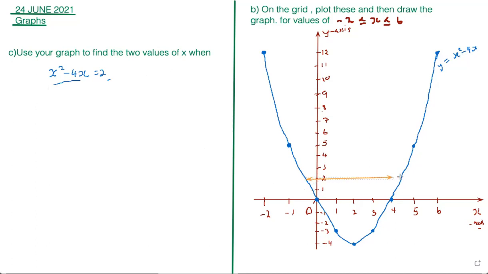They're saying that when the value of y is 2, that's basically what they're saying. Because they replaced y with a 2 right there, they're just saying 2 is equal to x squared minus 4x. What are the values of x? So what you do now is at that point, you go and read that value there, and you also go and read that value that is there.